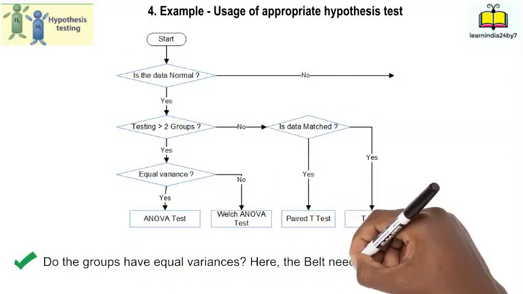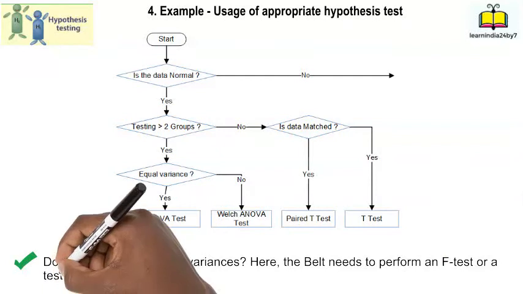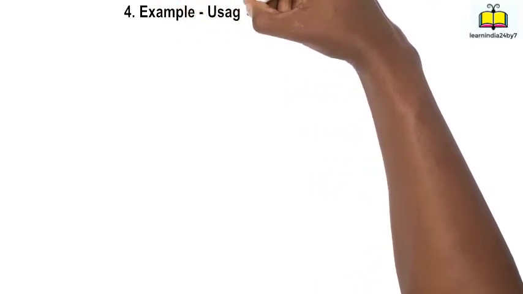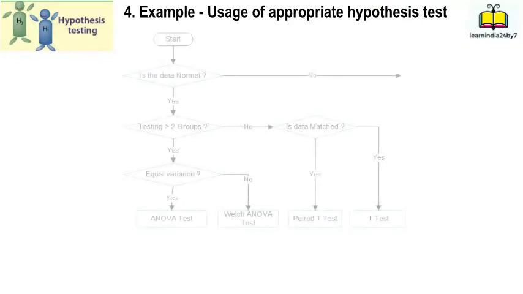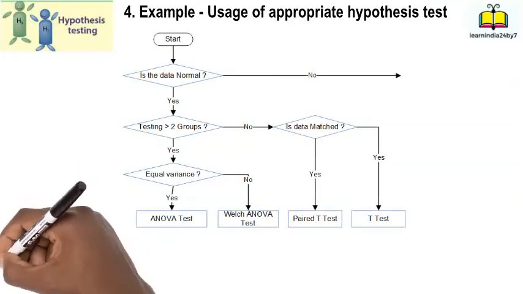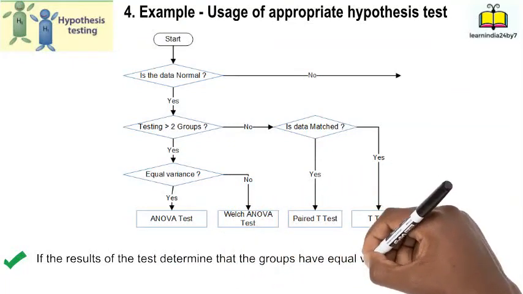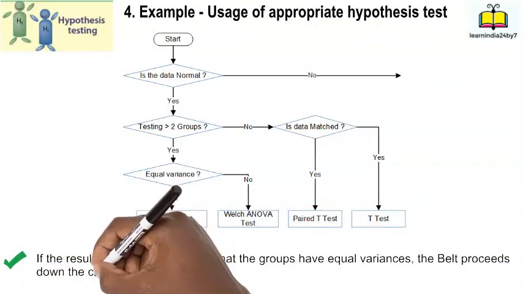To find out this, belt needs to perform F-test or test of equal variance. If the result of test shows that the groups have equal variance, then the belt moves down further and uses ANOVA test.